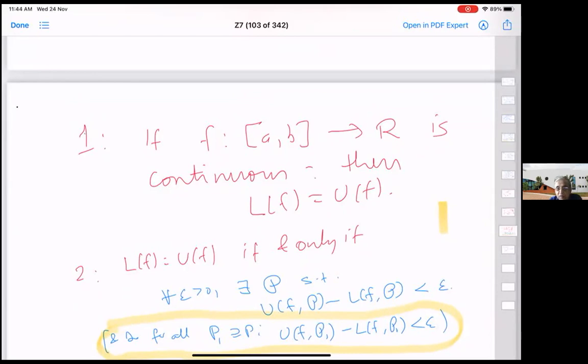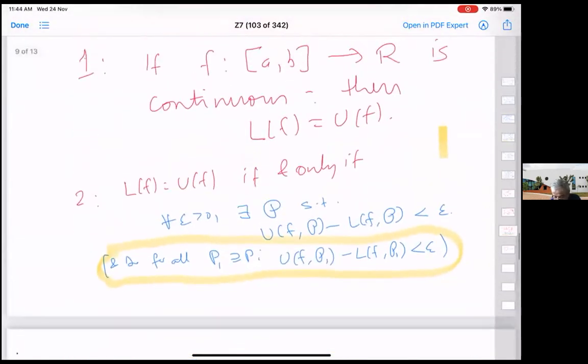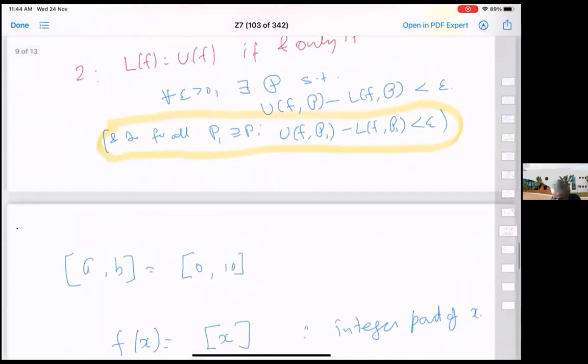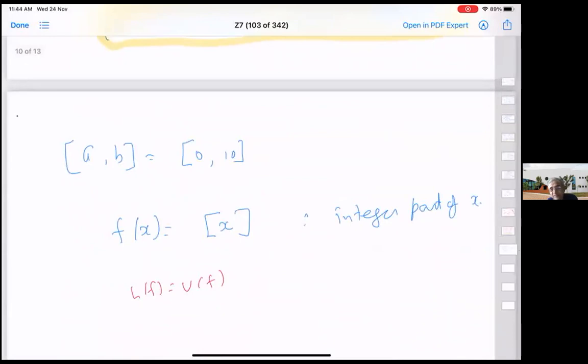All such things we will do, but just that we are not only limited to continuous functions, we can do more. One example, say this one.